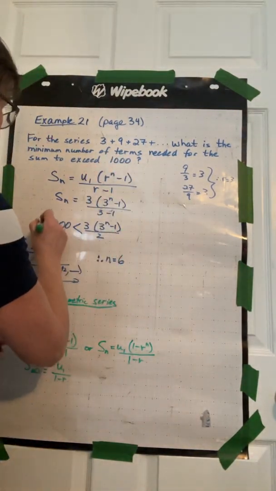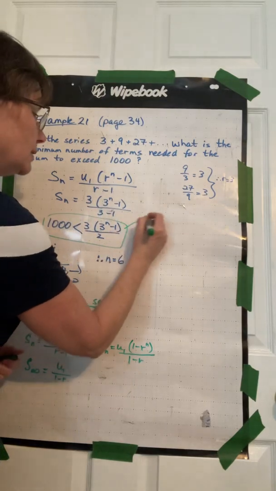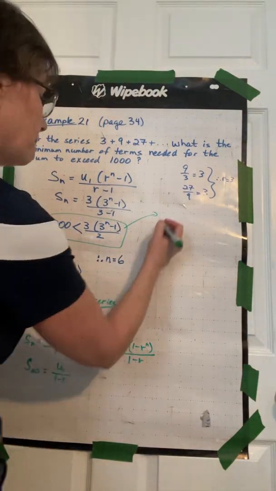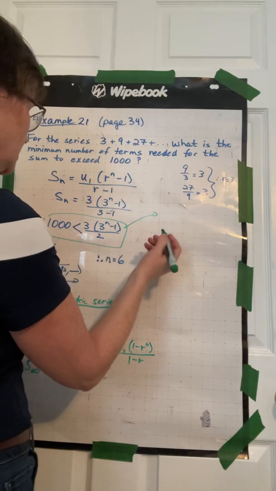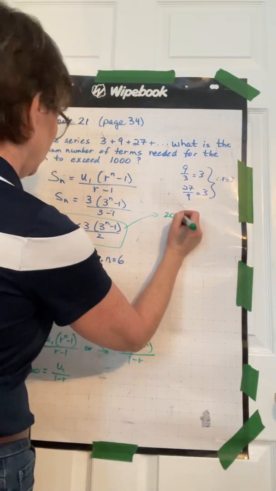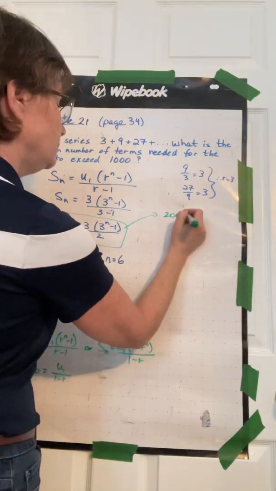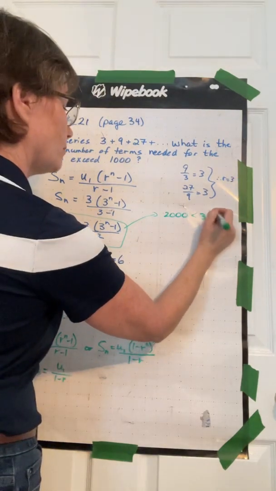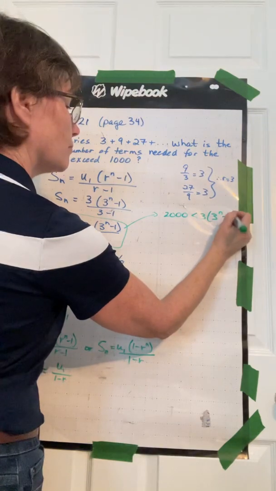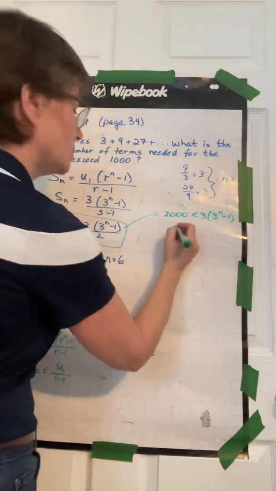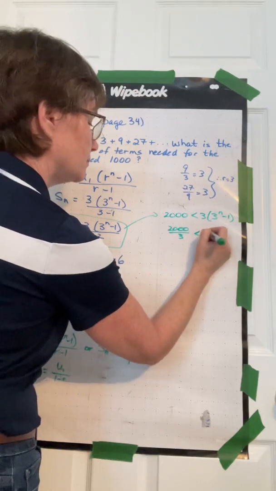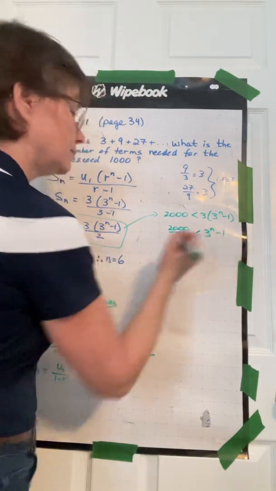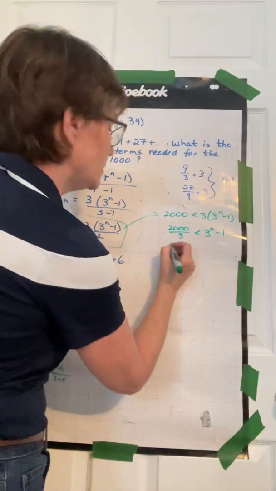So starting from this inequality, let's work with it algebraically. We could multiply both sides by 2, sorry. And divide both sides by 3. And now add 1 to both sides.